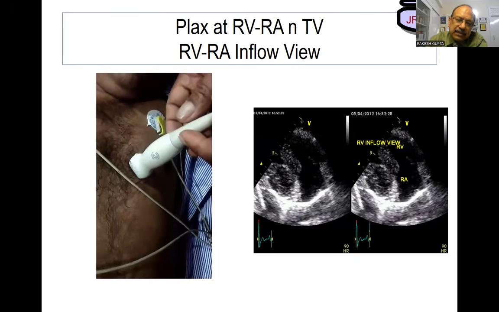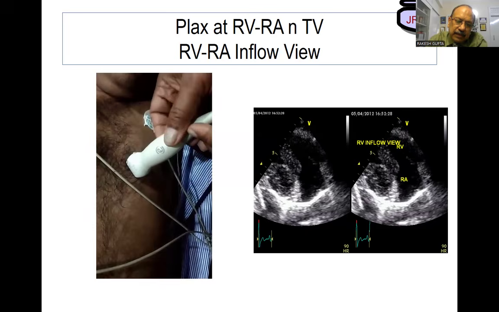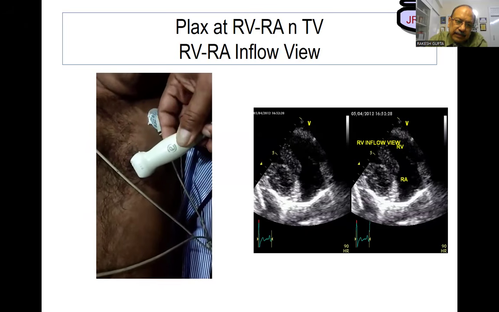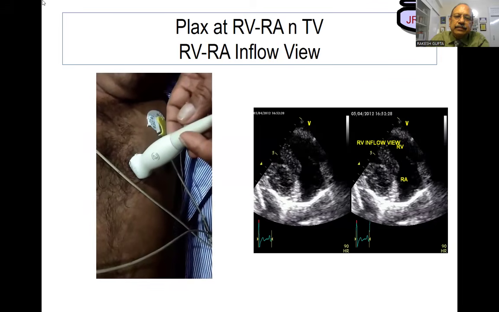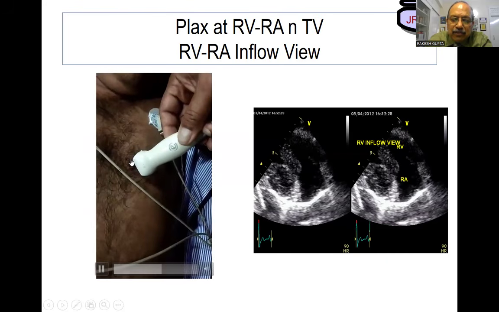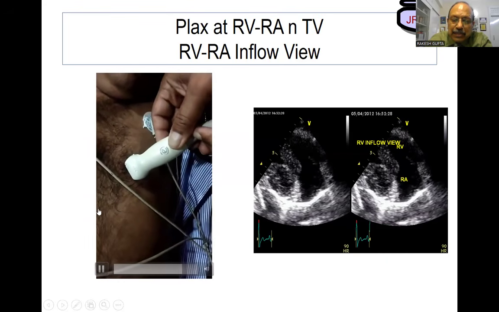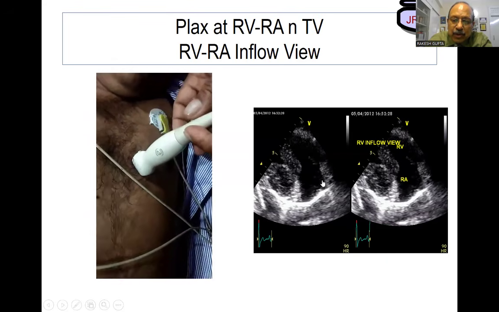Very simple movement. So what do you get? As you move, let your footprint look toward the mediastinum. You will get a view.